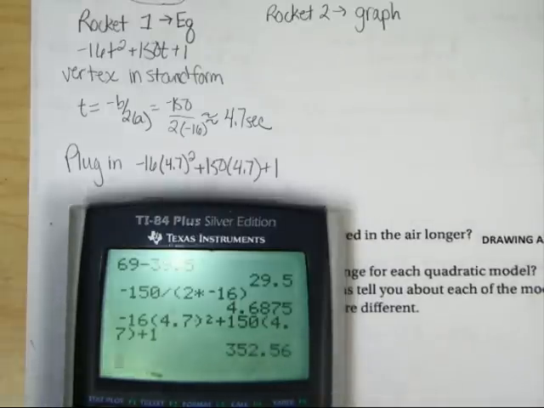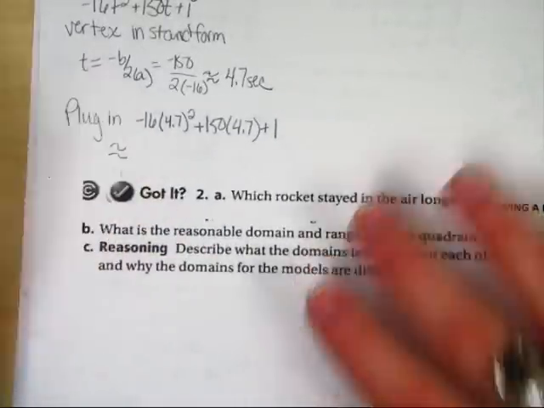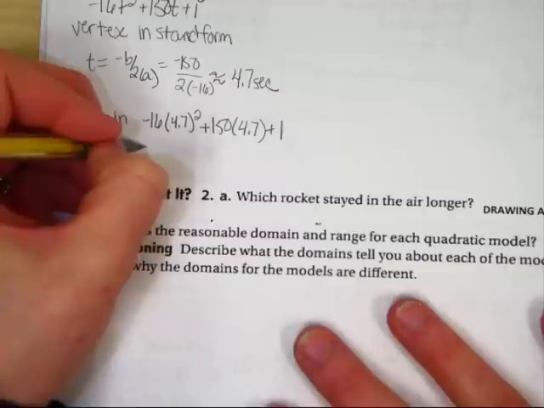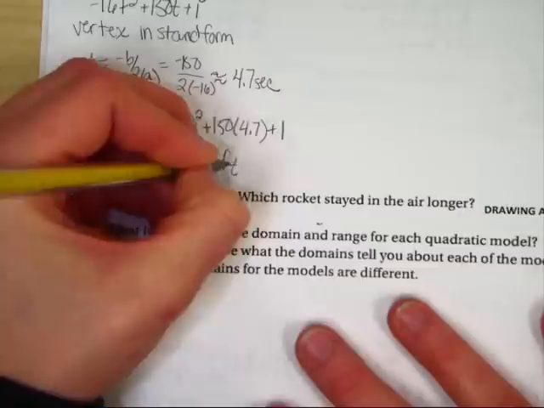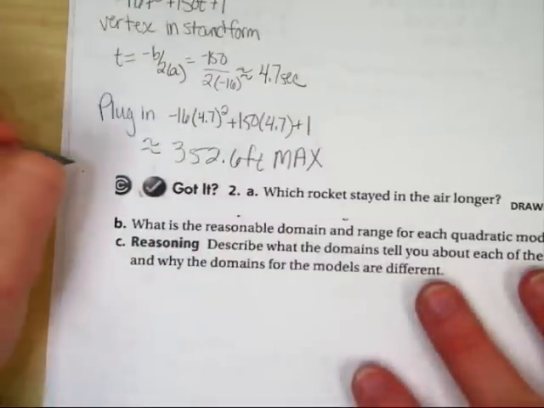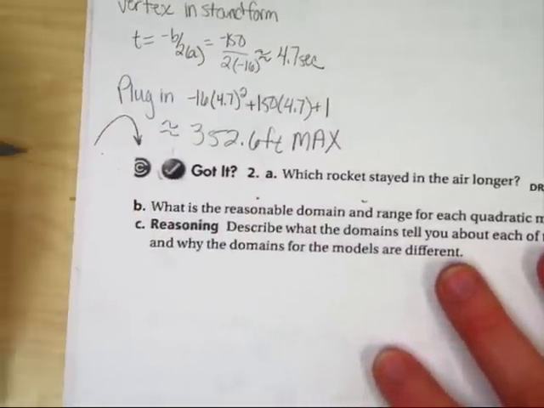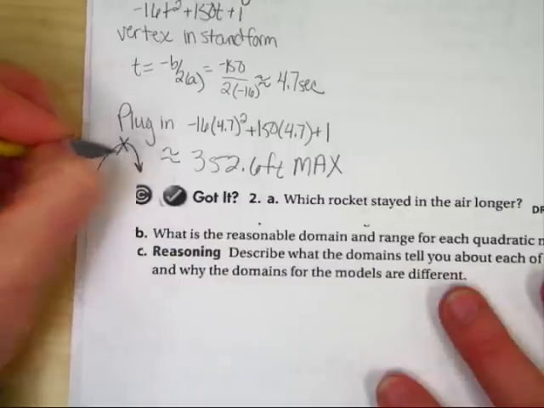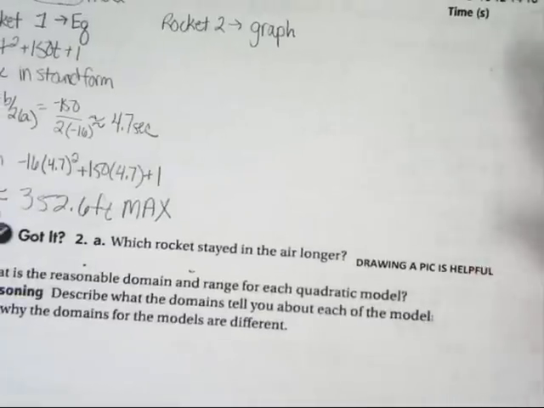So I get a height of 352.6 feet if we round. Again, this is going to be fairly approximate, so I'll write my approximate symbols. When I plugged it in, I got 352.6 feet, and that is the maximum that the rocket traveled. So as the rocket goes up and it comes back down, there you go. If you're a visual learner like me, the rocket goes up, it comes back down. That is the maximum.